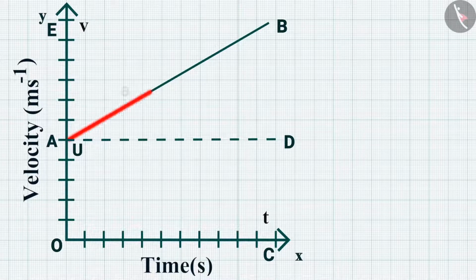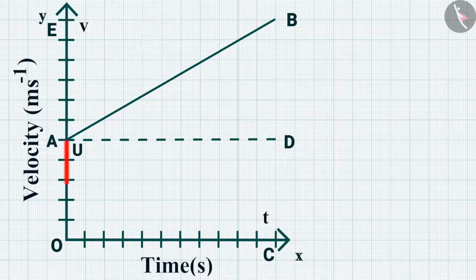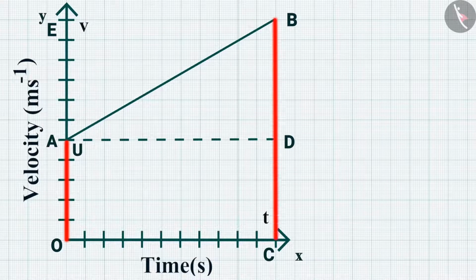Let the change in velocity at a uniform rate be a. Draw two perpendicular lines BC and BE from point B to x-axis and y-axis respectively. Now, OA is initial velocity, BC is final velocity, and OC is time interval t.